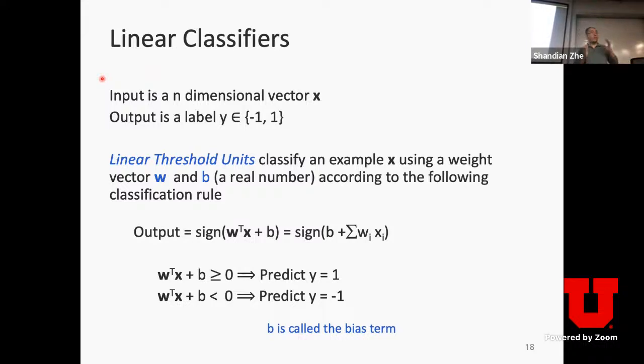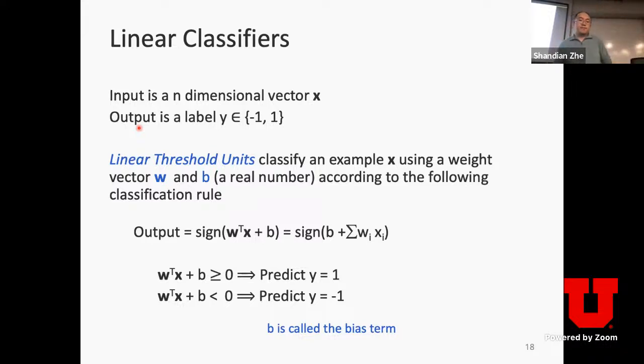So here we give some definition. In general, suppose our training input or testing input is represented by an n-dimensional vector x, and our output label is either -1 or 1. Here we just consider binary classification, but this is very easy to generalize to multi-class classifiers.